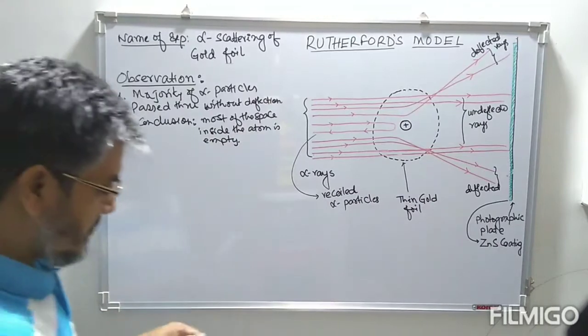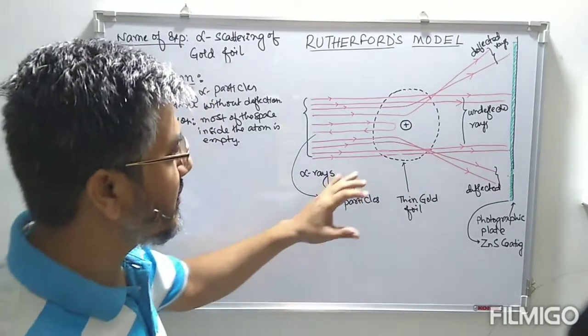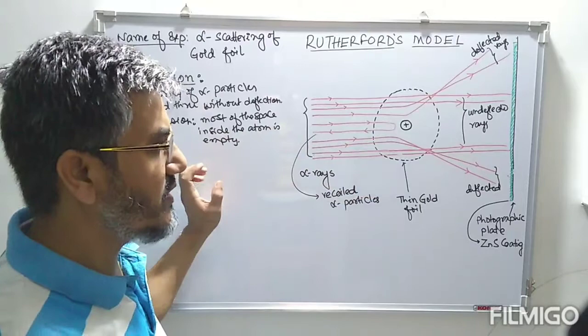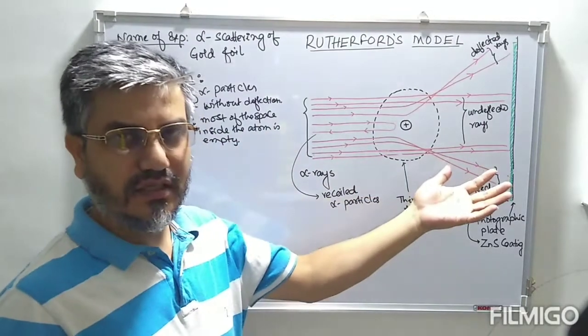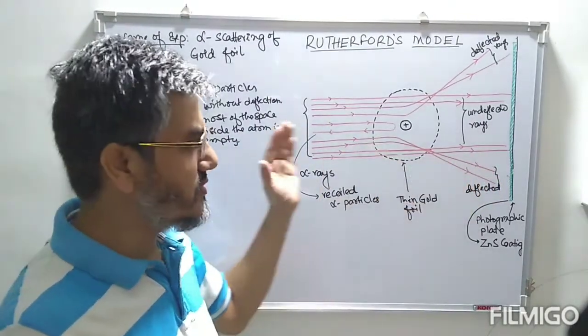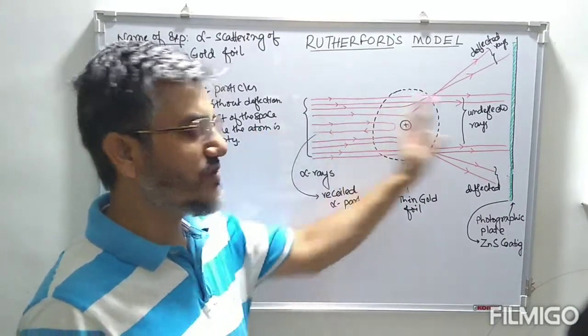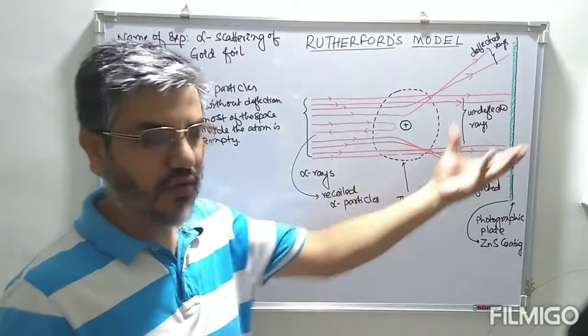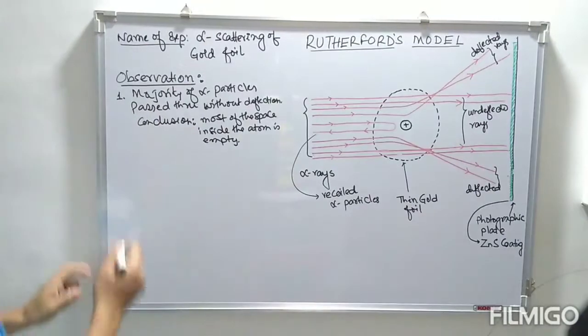Since most of the portion inside this atom is empty, the alpha particle does not encounter any other particle inside it. Without any deflection means the space is unoccupied or empty.